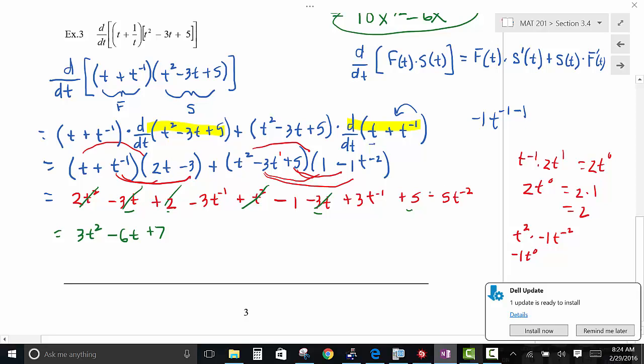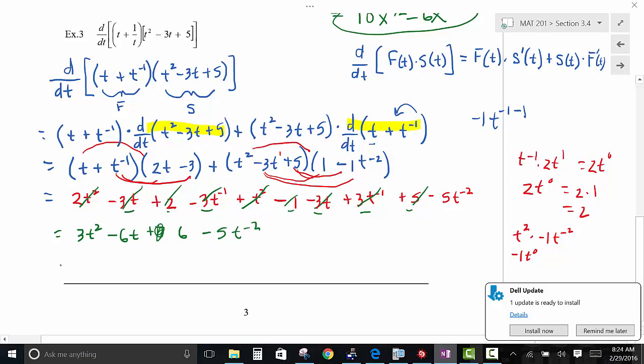Minus 1. Oh, I didn't see the minus 1, thank you. So 7 minus 1 would be plus 6. And then these cancel right here. If you look at these two terms, they cancel. So we are left with a minus 5t to the negative 2.